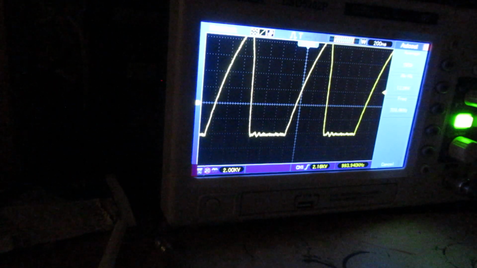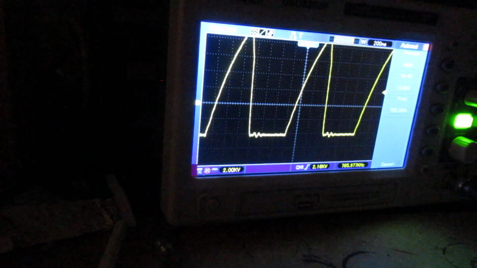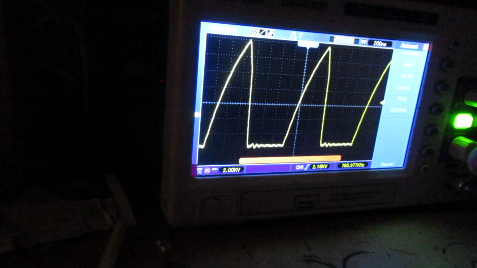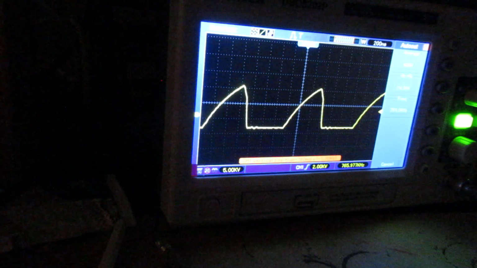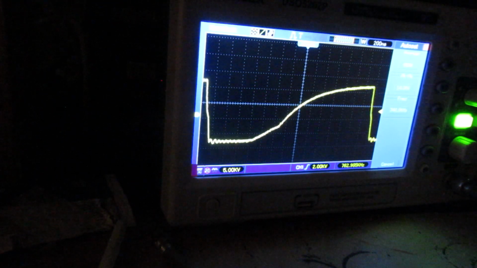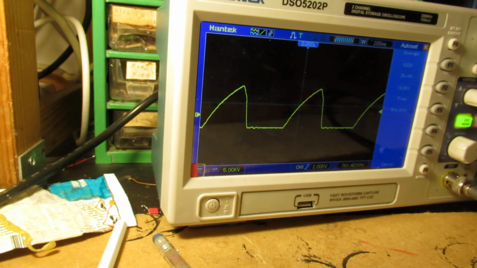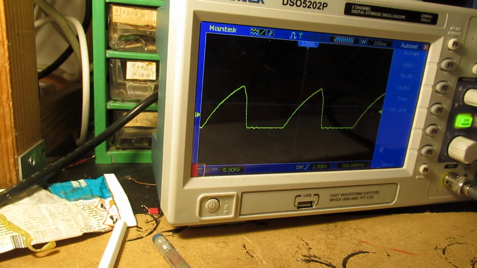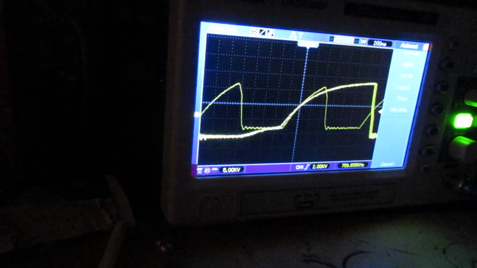But of course, this is more or less the ideal situation that I show. And when you do experiments with this schematic, you will surely see that there are all kinds of waveforms popping up. Here, for instance, when I change the 470k potentiometer going from the 100k potentiometer to the base of both the transistors.